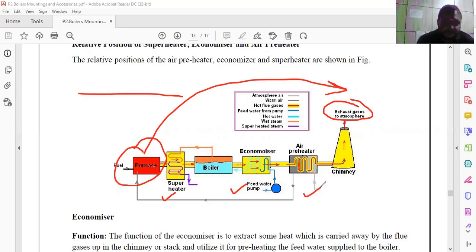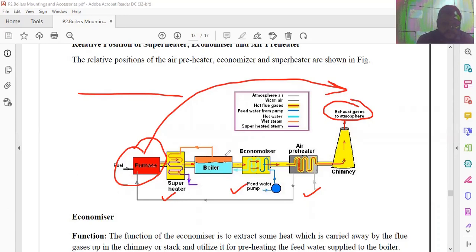Initially, you just have to see here: the hot flue gases, exhaust gases, are coming out from the furnace and passing to the boiler.